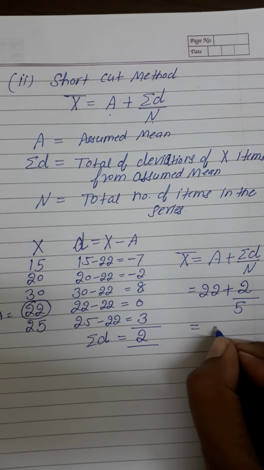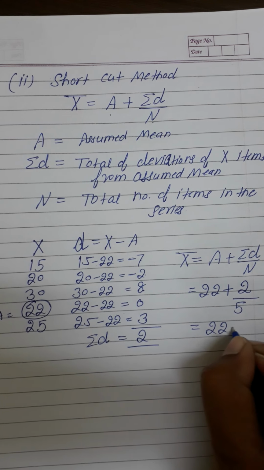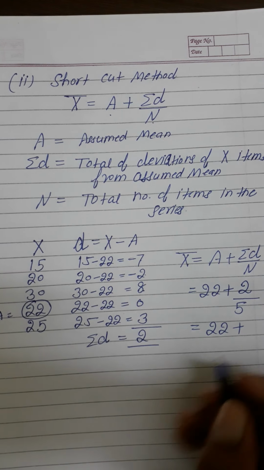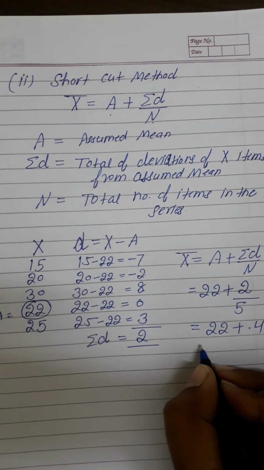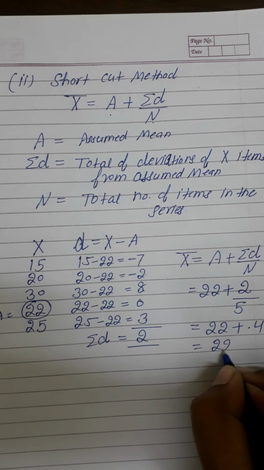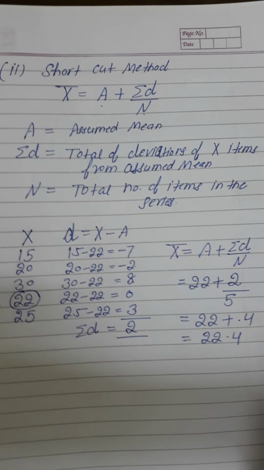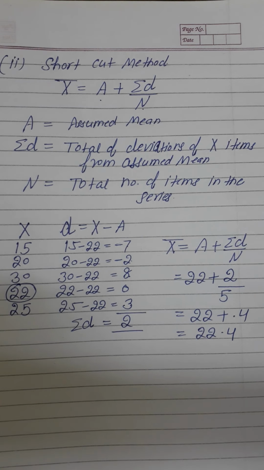And 2 divided by 5 is equal to 0.4, and the value of arithmetic mean will be 22.4. This is the shortcut formula to calculate arithmetic mean in case of individual series.